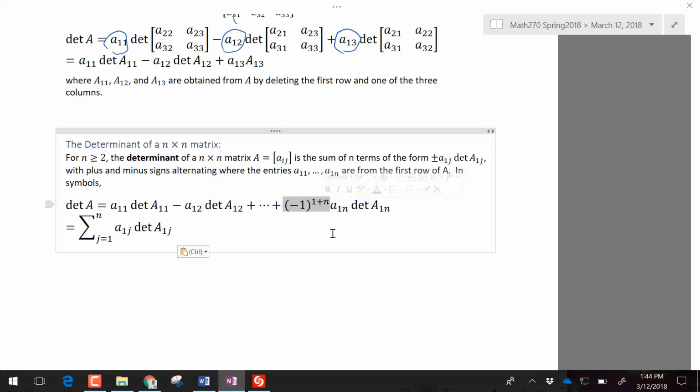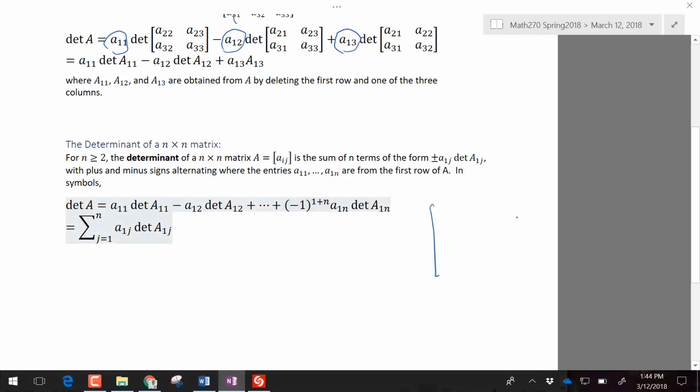Yeah, so this will turn out to be the row number and the column number. Your generic matrix has signs associated with it, and it really just alternates from a positive here and then whatever.